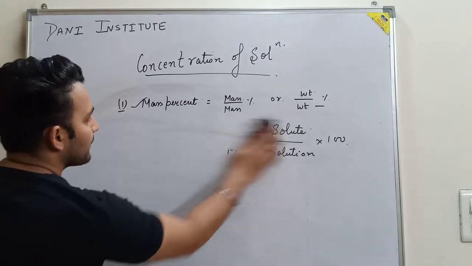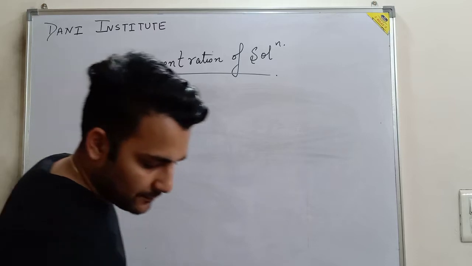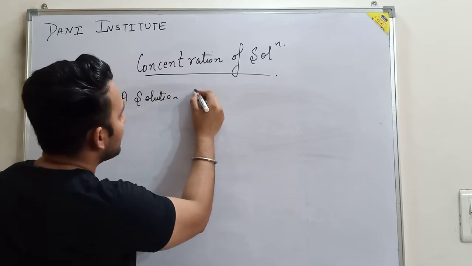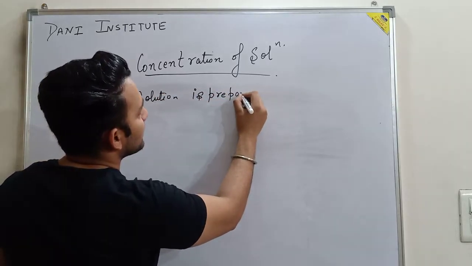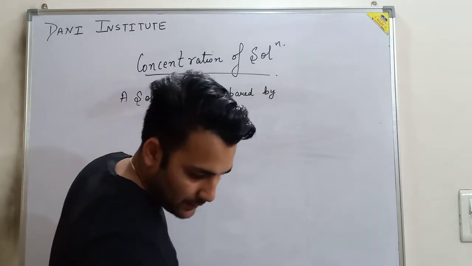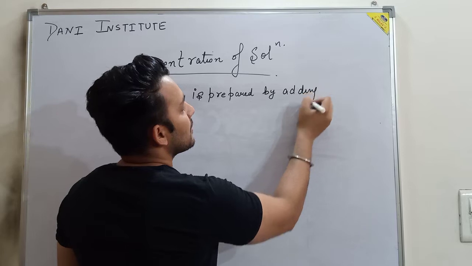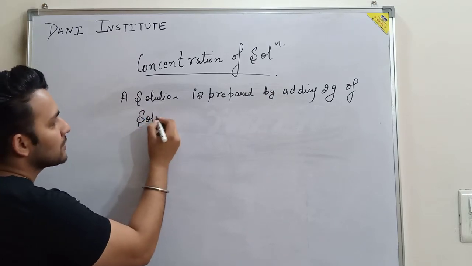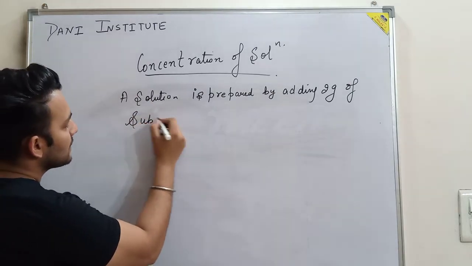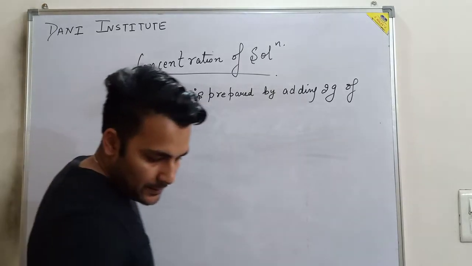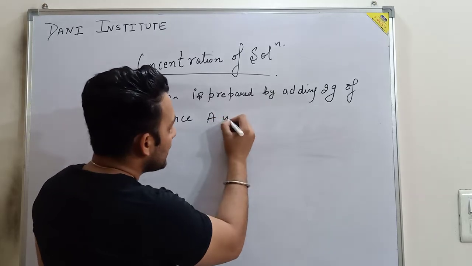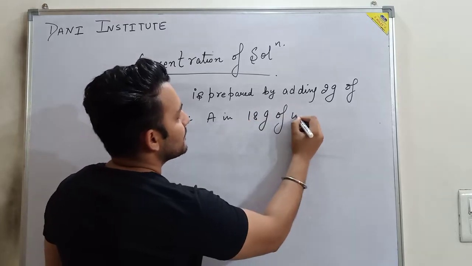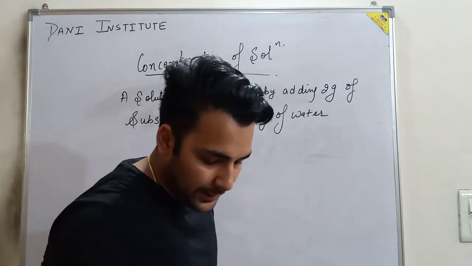The statement is: a solution is prepared by adding 2 gram of substance A in 18 gram of water. Sorry, 18 gram of water, not 100, 18 gram of water.